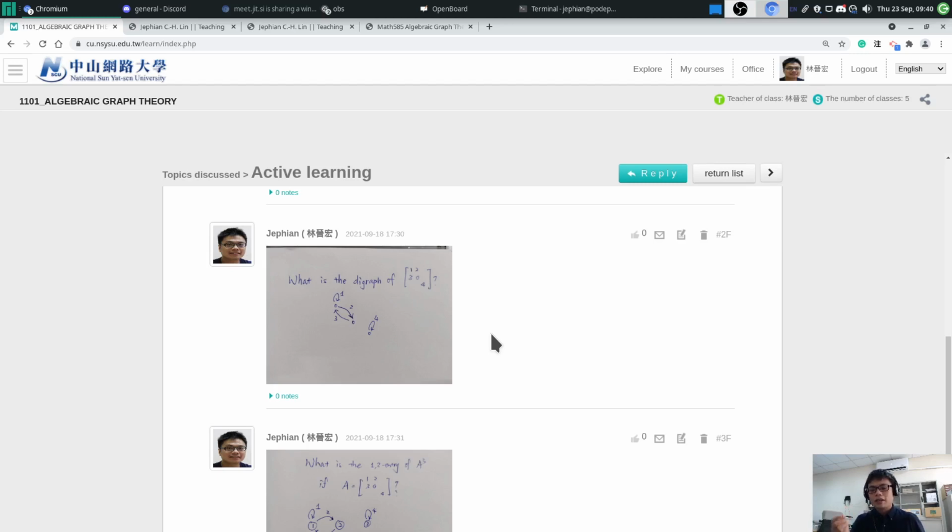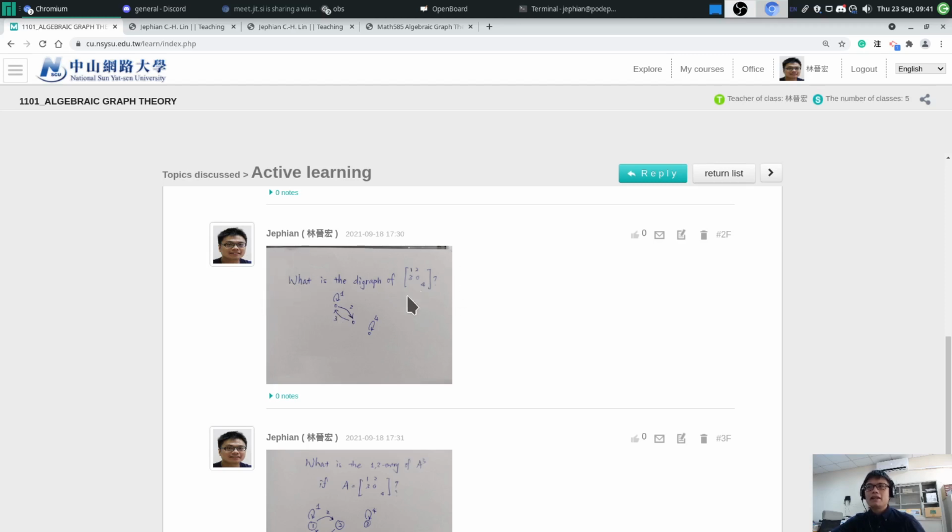Try to identify the part that you don't understand and try to give a question to yourself. Okay, I don't understand the diagram of a matrix, so what it is? And try to answer your question. So my question is, okay, what is the diagram of a matrix? And I try to answer that by myself. So I pose a question by myself.